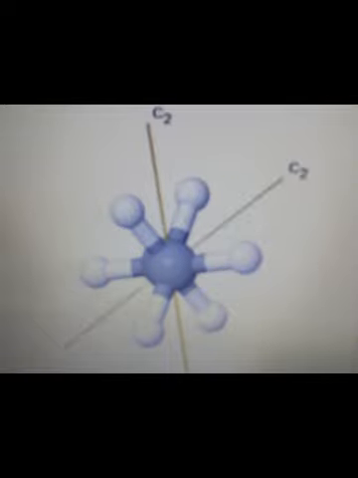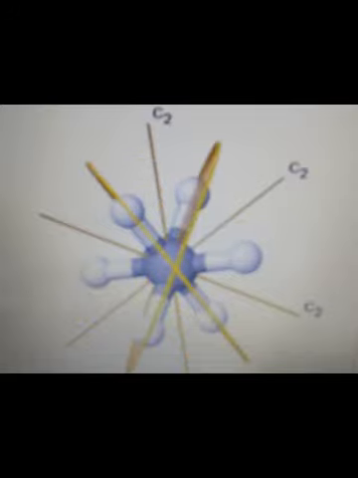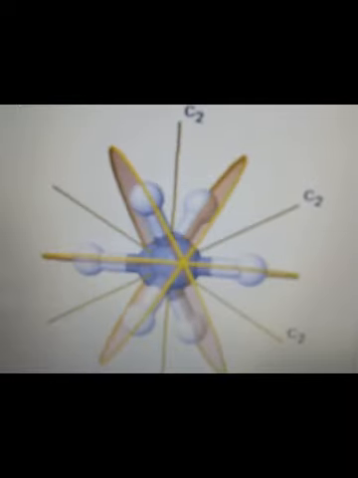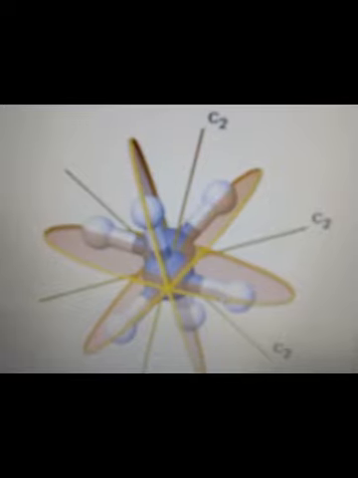Likewise, the other two C2s are also present in this. This is another C2 and this is the other C2, and it has 3 sigma d's. The 3 sigma d's, you can see they are passing along the principal axis of symmetry and bisecting the C2s. I'll just show you one of the sigma d.